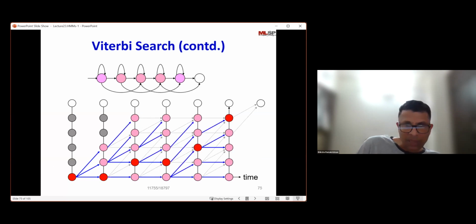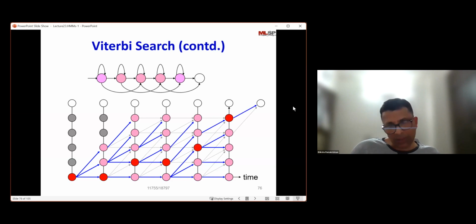And at each time, at each state, you're going to keep track of 2 things: the best path probability to the state and the best predecessor. So having done that, now at the final time instant, let's just say, as in my example, you've decreed that the final observation must be from the state. It's an absorbing state.